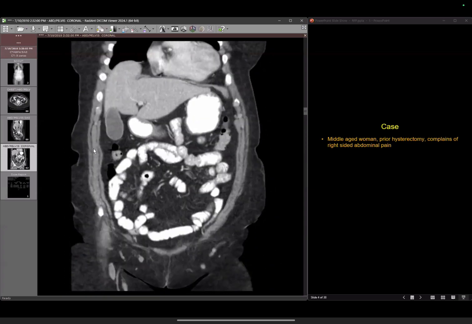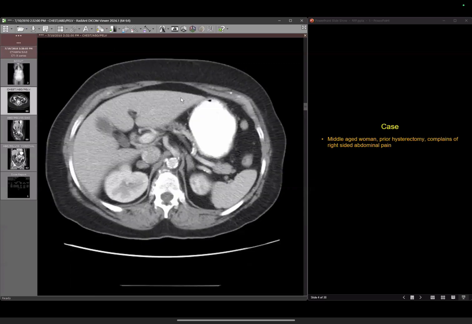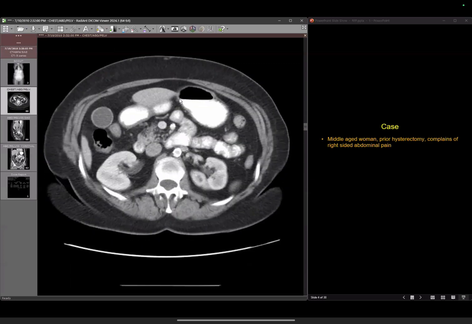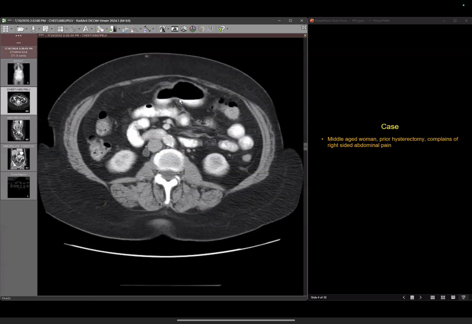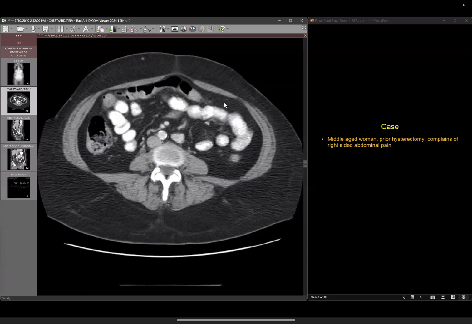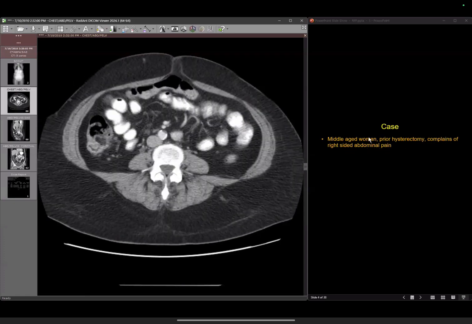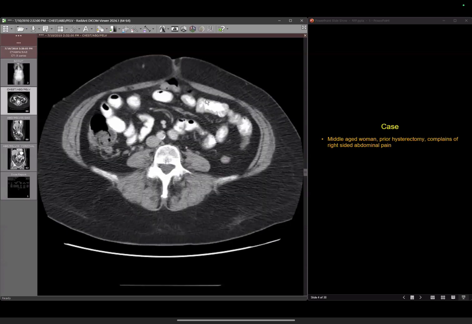So have you seen anything that explains her symptoms? Can we have a look at the axial images once again? Sure. I'll scroll through slowly. So remember, the question is, she has right-sided abdominal pain.